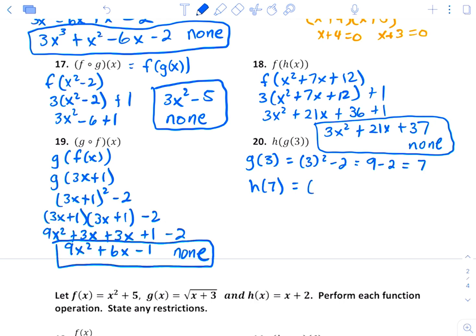So this will give me 7 squared plus 7 times 7 plus 12. So this will be 49 plus 49 plus 12. And then 49 plus 49 plus 12 is going to be 110. So this would be my final answer. And then because I have a single number, I don't need to worry about the restriction. If we did want to write it, then we would just put none.